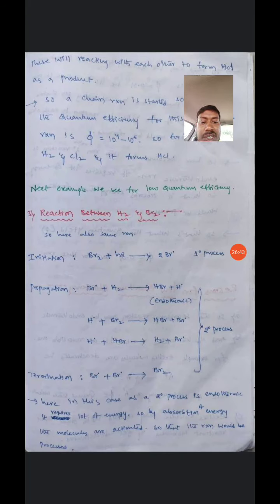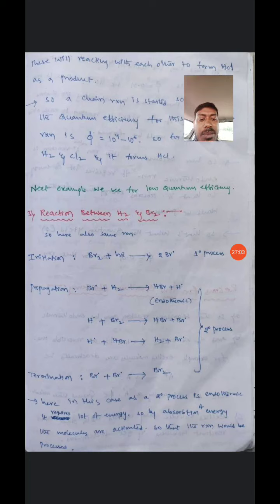So in the initiation step, Br2 absorbs the light energy and forms two Br radicals. In the propagation step, the Br radical reacts with H2 and forms HBr plus hydrogen radical.